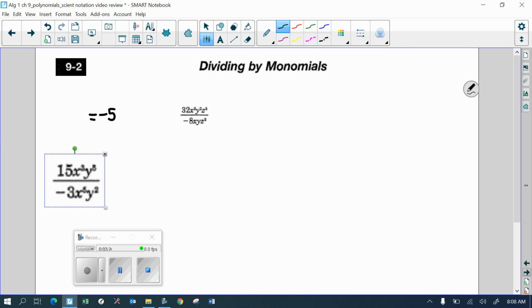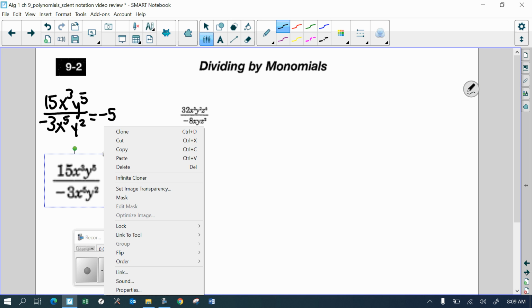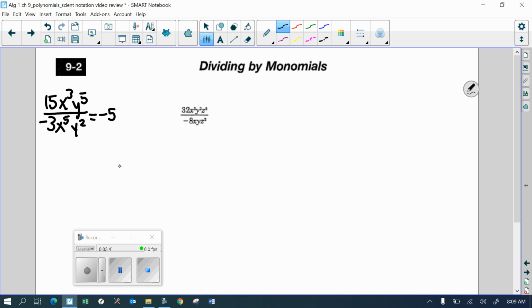Let me just write it again. 15x cubed y to the 5th over negative 3x to the 5th y squared. Now let's get rid of that. Okay. So 15 divided by negative 3 is negative 5.